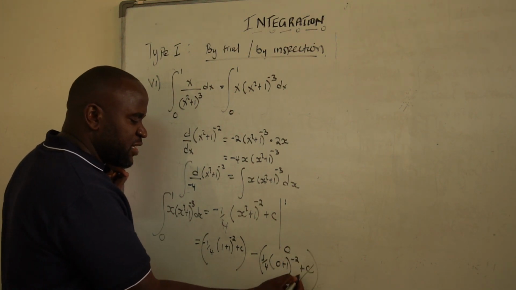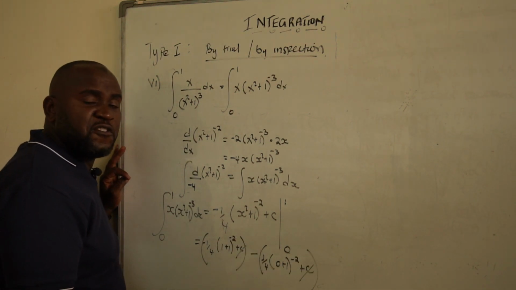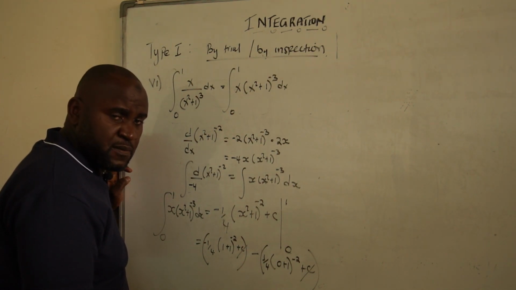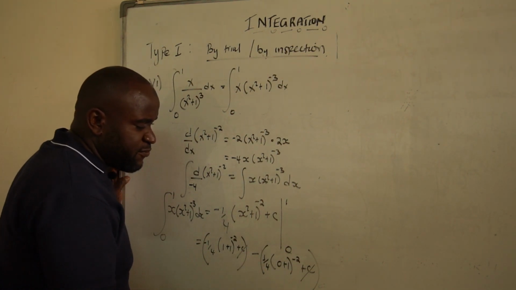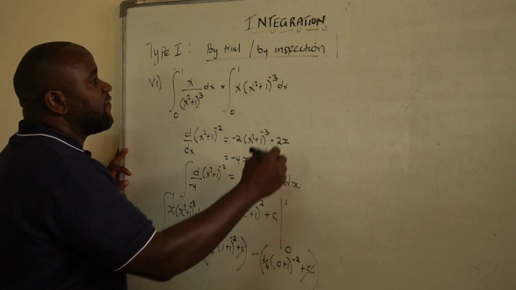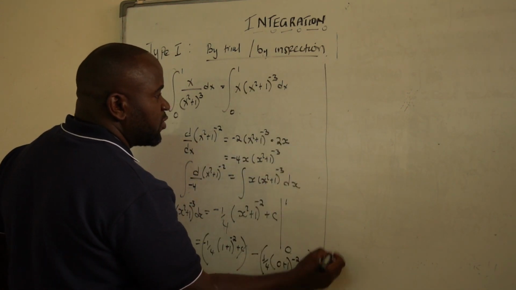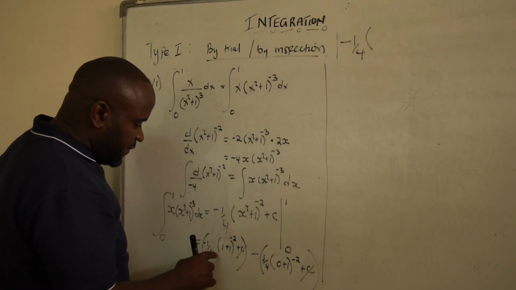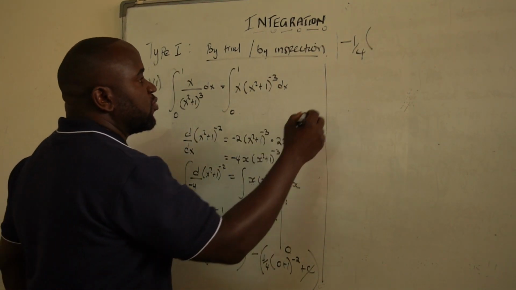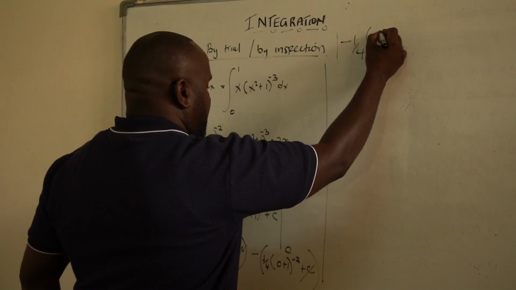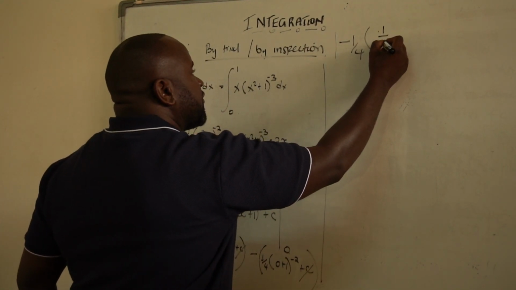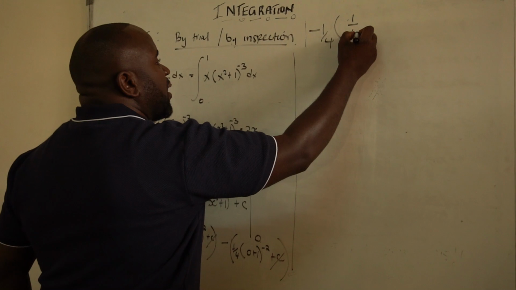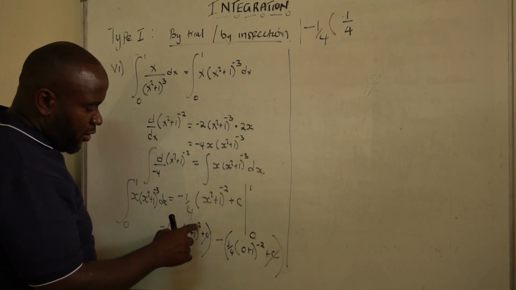It is for this reason that whenever we have limits, even if you don't write the constant in your presentation, because the constant will be lost after subtraction, then we shall have finally, if you factorize out, negative a quarter into brackets. This is 2 power negative 2, which is going to be 1 out of 4, because it is 2 power 2.